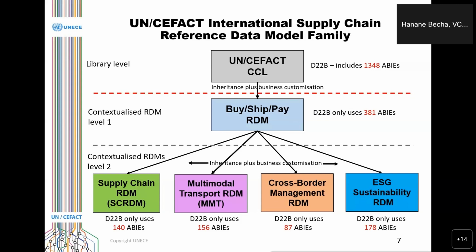The multimodal transport RDM, again, probably 150 data elements, while cross-border management, 87, as I have noted here, data elements. And finally, when it comes to sustainability and ESG goals, we are at less than 200 data elements.